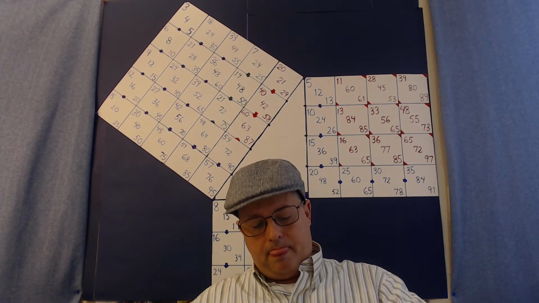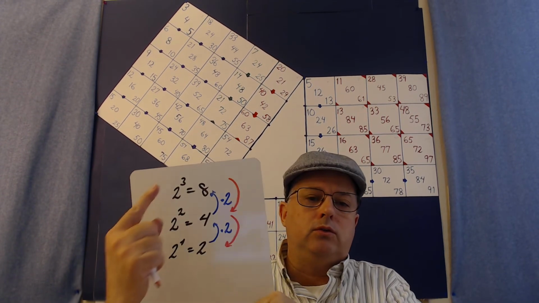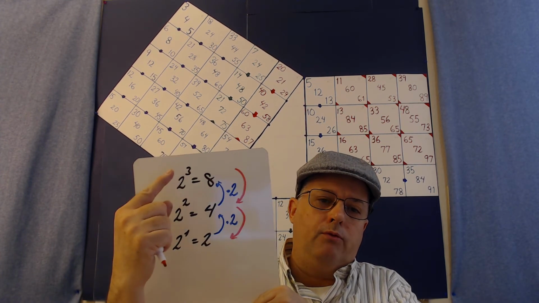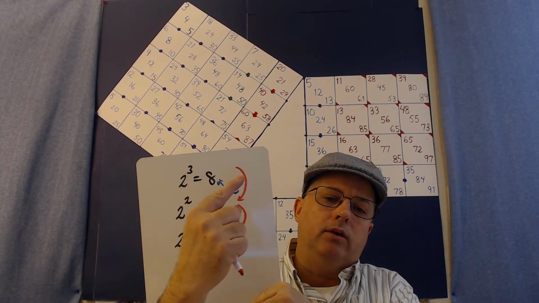And so when we go up in the powers, we go up in the multiplication of the number 2. And this is true when we go down in the powers. Here we are at 2 to the third, and if we want to go down a power to 2 to the second, we're going to divide by 2. That's what exponents do.